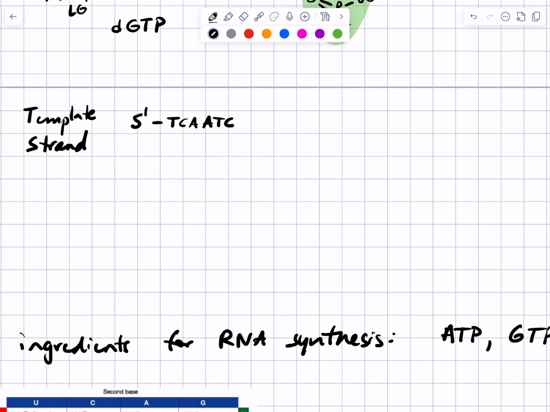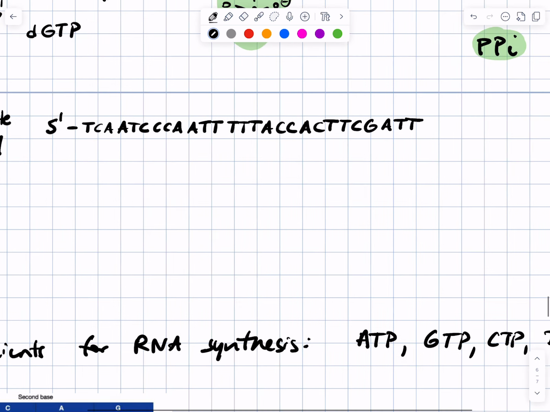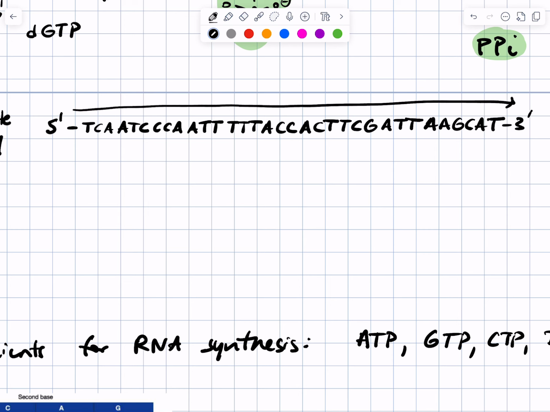TCA, ATC, CCA, ATT, 3 T's after that, then an ACC, then an ACT, then a TCG, then an ATT, then an AAG, and then a CAT, and that's the 5' end. Okay, so go ahead and write the complementary sequence.